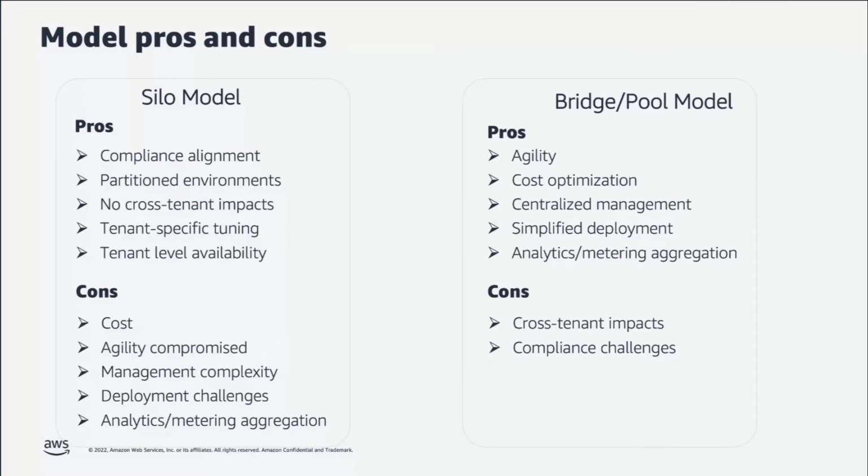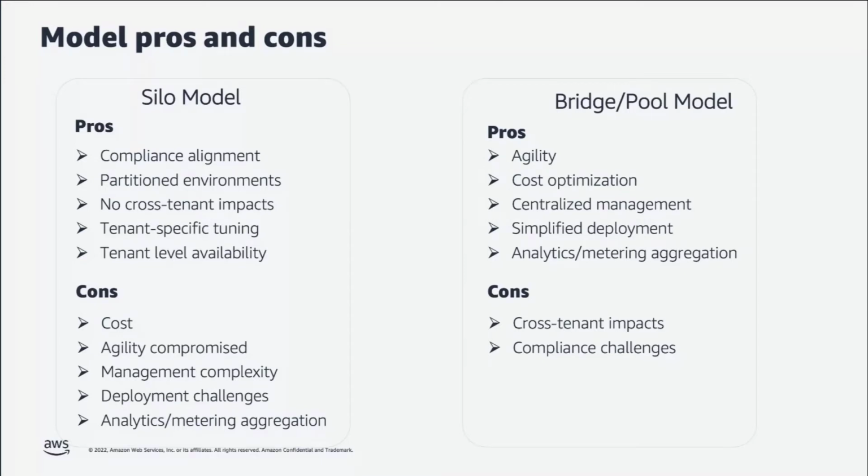On the other hand, bridge or pool models have better agility, cost optimization, and operational efficiency. You share resources for multiple tenants using a single Amazon RDS or Amazon Aurora cluster and isolate the tenant data by a schema per tenant or a database per tenant using the bridge model, or by table data partition in the pool model.